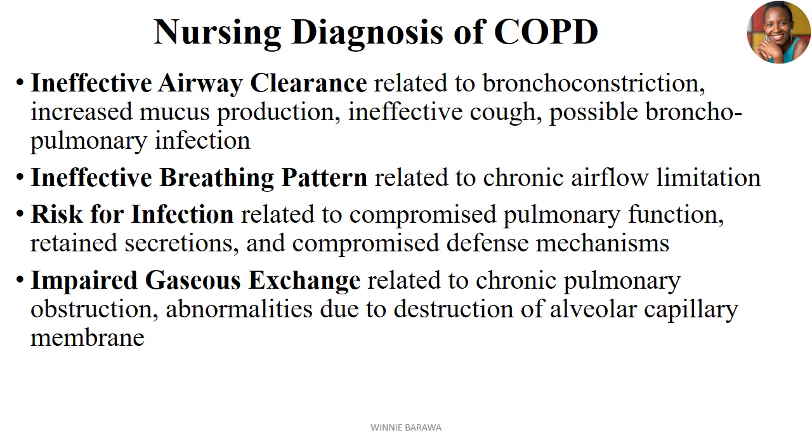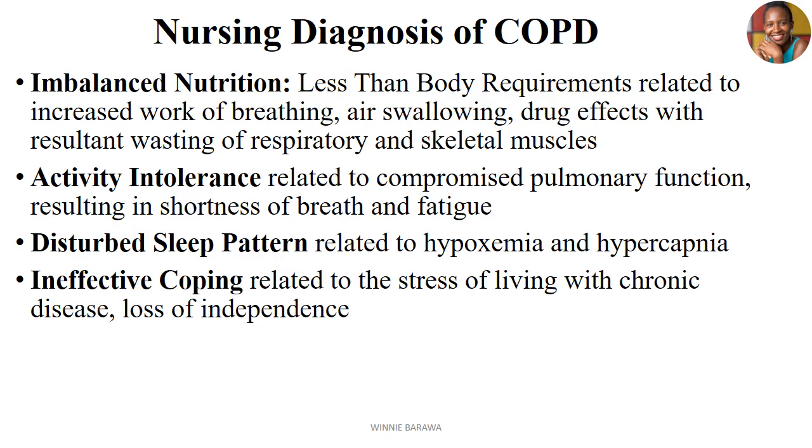When alveolar walls are destroyed due to emphysema, gaseous exchange at the diffusion space of the alveoli and capillaries will be impaired, because there will be no proper control of how the air is able to diffuse between the alveoli and the blood vessels.